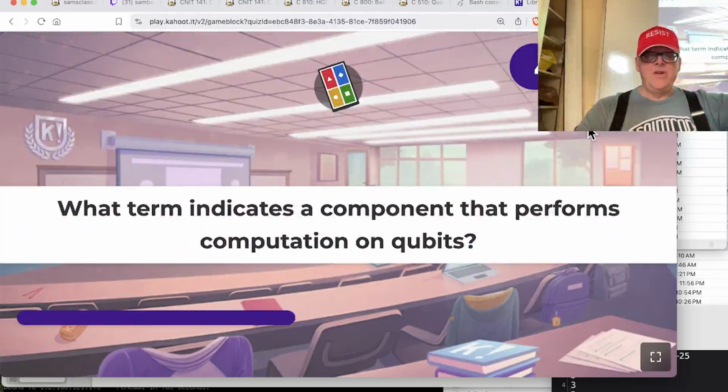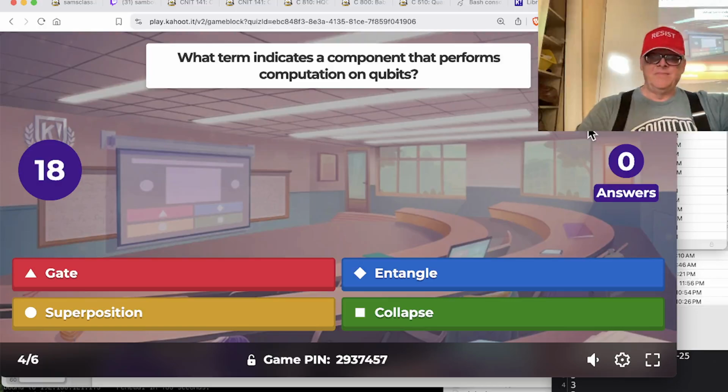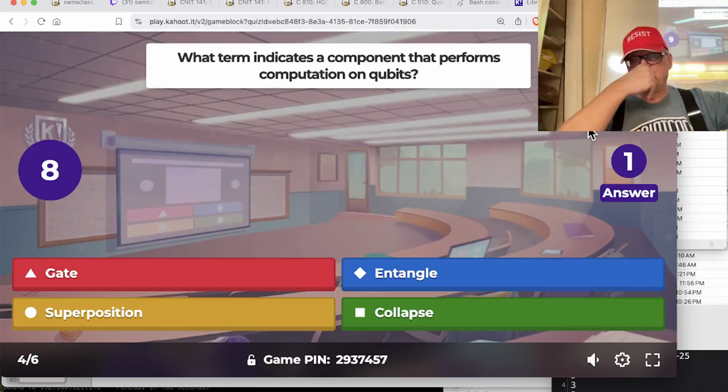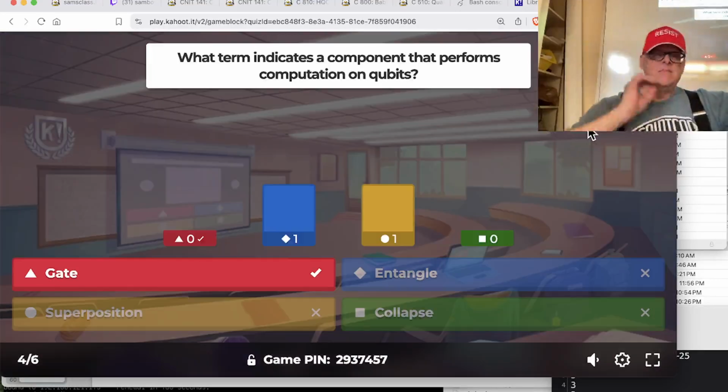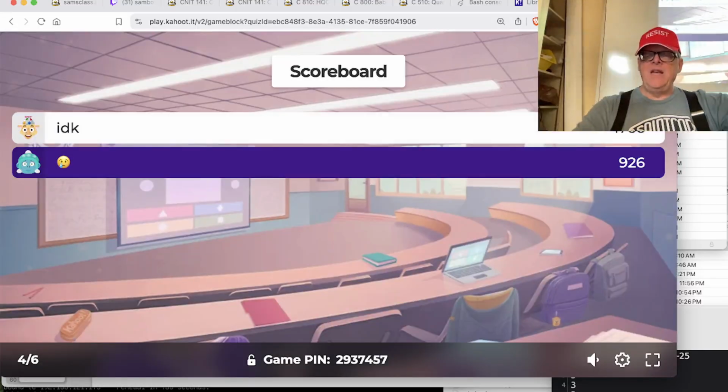All right, which is a component that performs computation on qubits? I call those things gates, the things that perform operations, things like H gates and X gates. All right. And in digital computing, you call them logic gates.